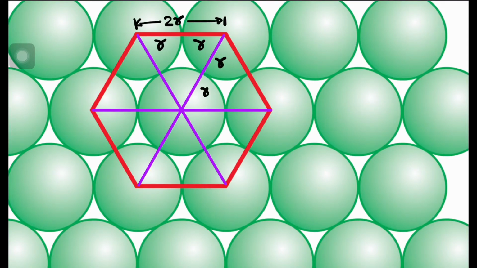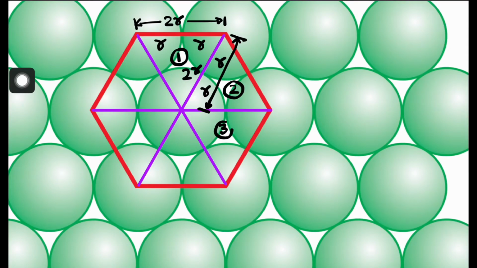This is R and this is R, so this side will also be of length 2R. So there are 6 equilateral triangles, that is 1, 2, 3, 4, 5, 6.